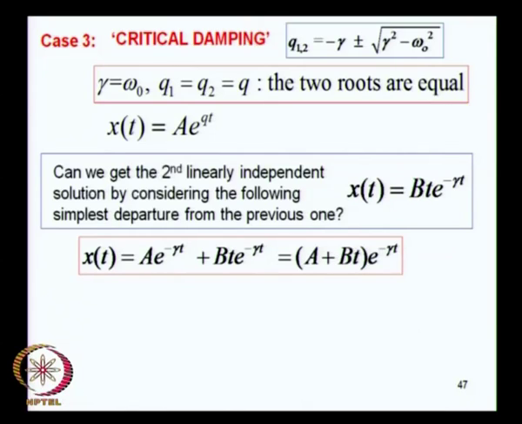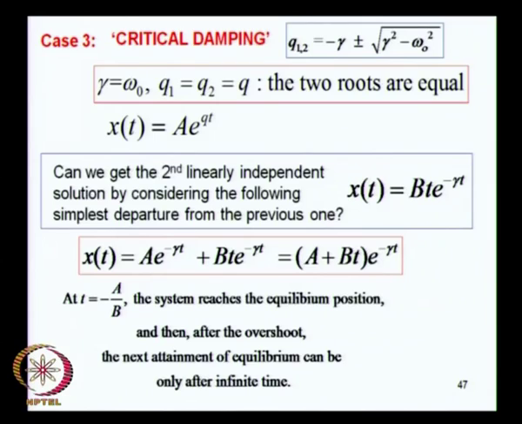And you will see why it is critical damping, because when t is equal to minus a over b, this factor goes to 0 and the system really reaches an equilibrium, and after this it can return to equilibrium only when time goes to infinity.